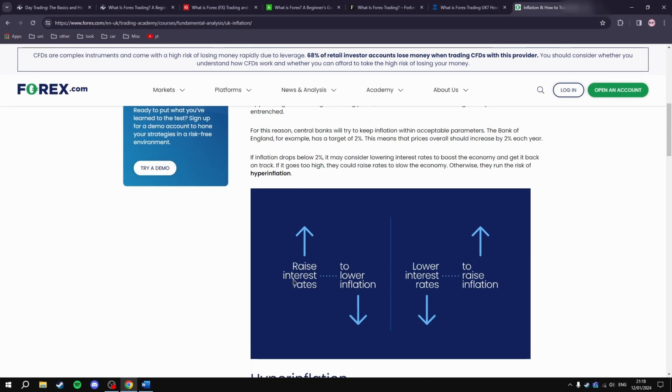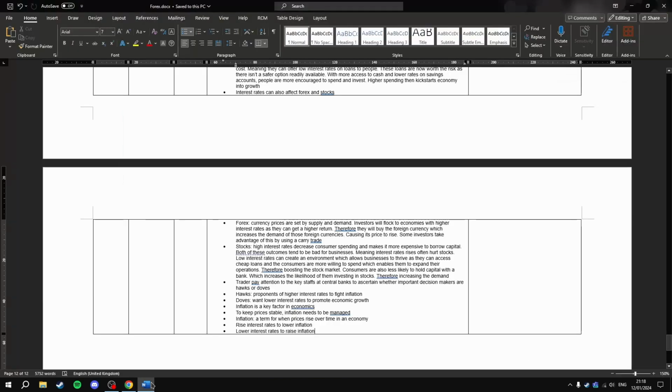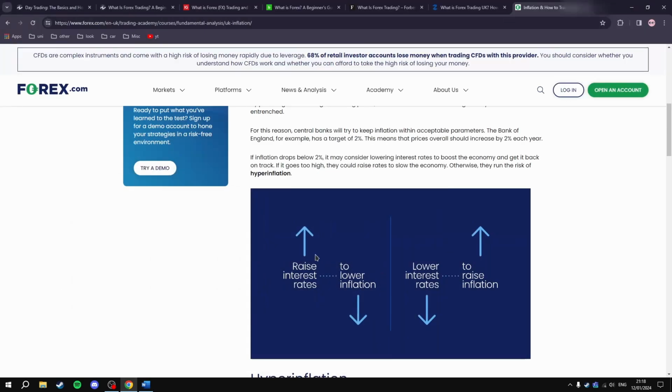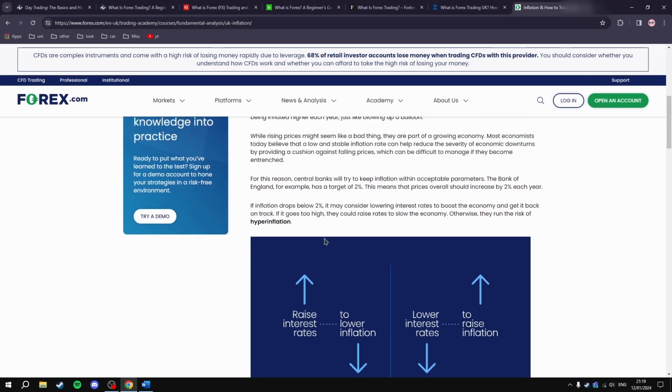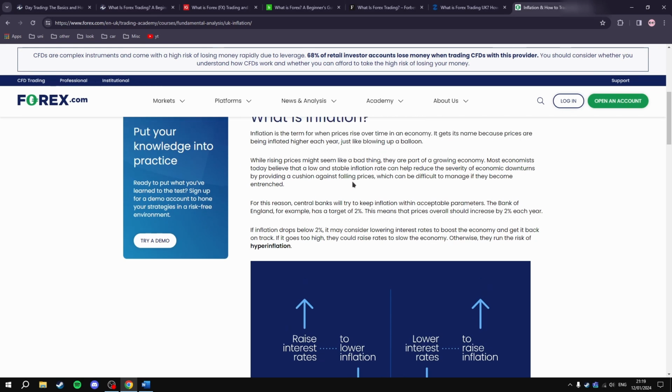This is because if you raise the interest rates, then people are less likely to borrow capital from the bank. They're more likely to save up, so they're less likely to spend their money. If they're less likely to spend their money, then they're less likely to buy stuff, right?